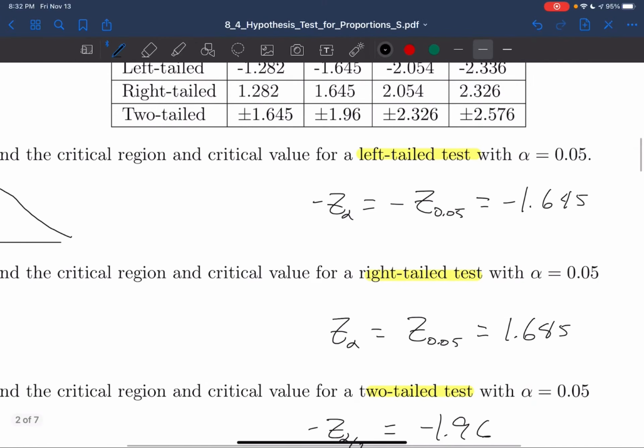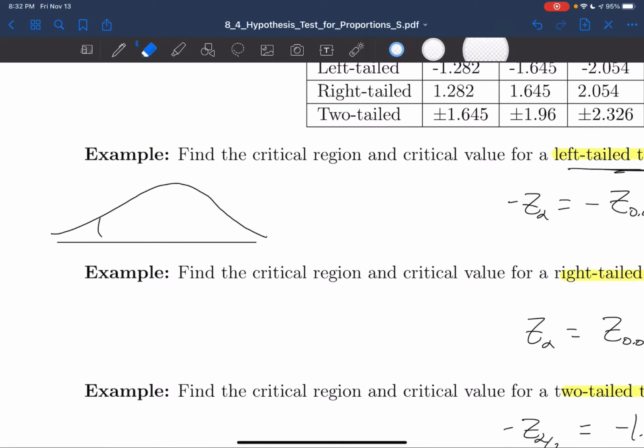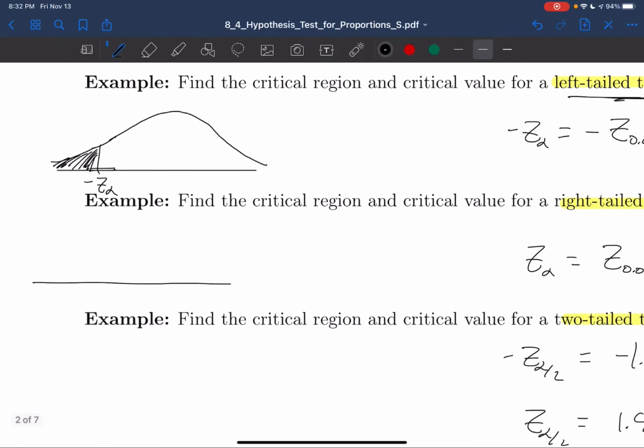So in this case, since we're dealing with a left tail test, negative z of alpha will be the area to the left of this. And for this one, positive z of alpha will be the area to the right of it.